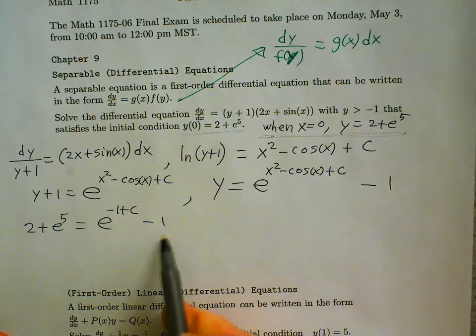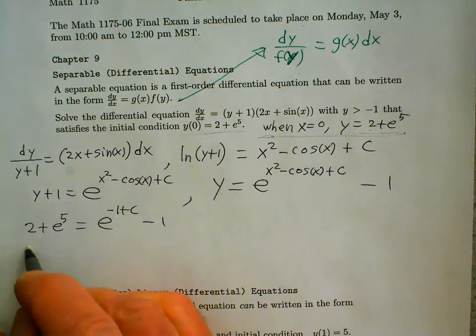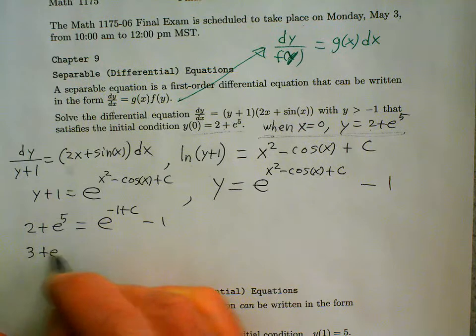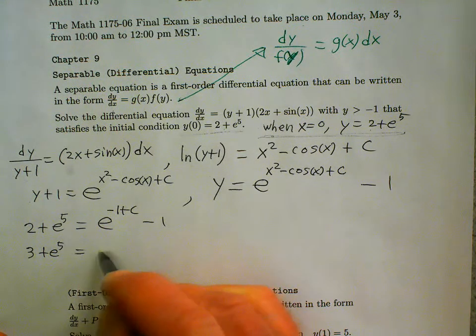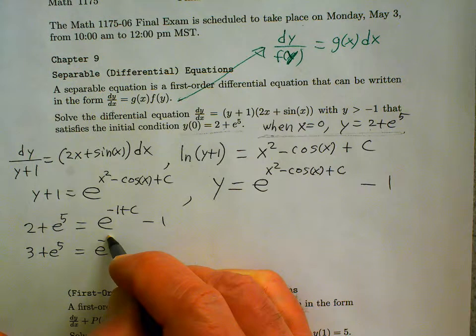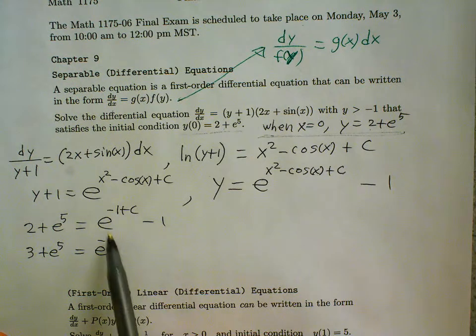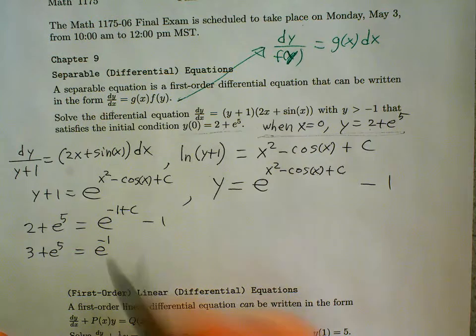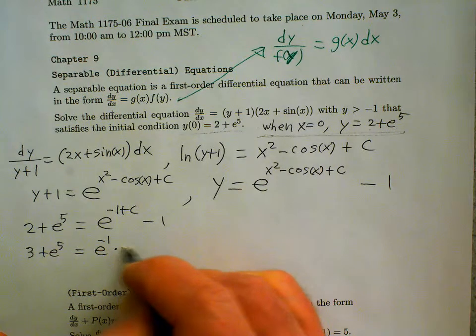So now add 1 to both sides to get 3 plus e to the 5th equals e to the negative 1 plus c. I'm going to rewrite e to the negative 1 plus c as e to the negative 1 times e to the c.